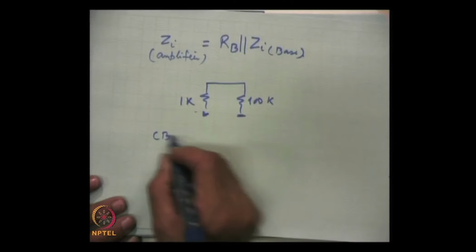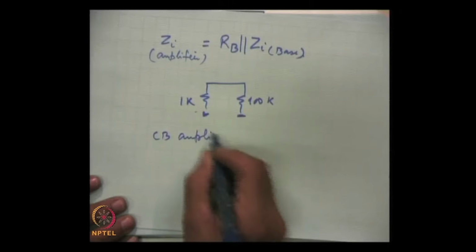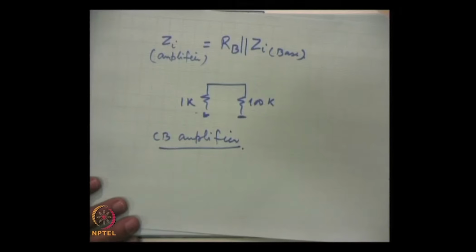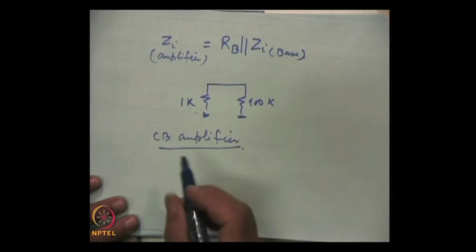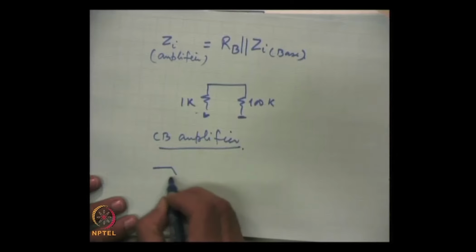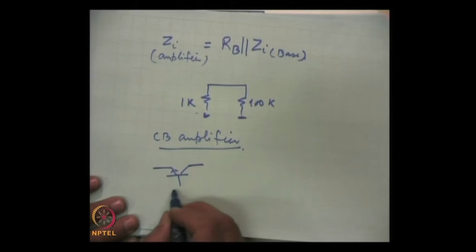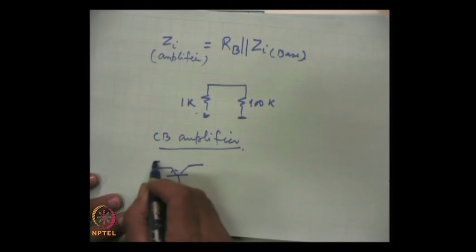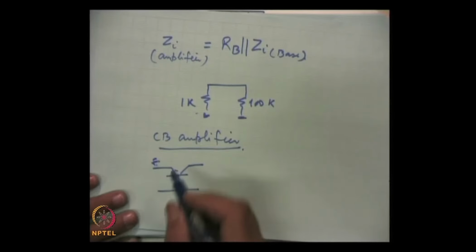In the common base amplifier, the input impedance here is very small.